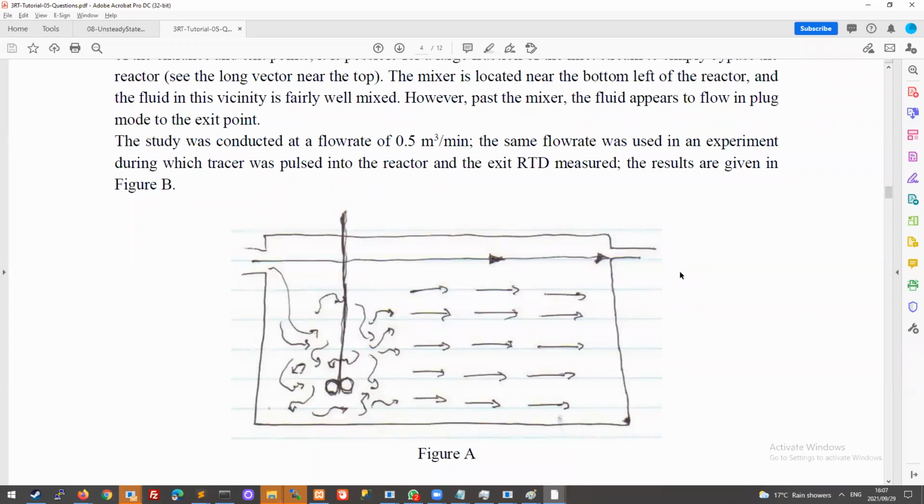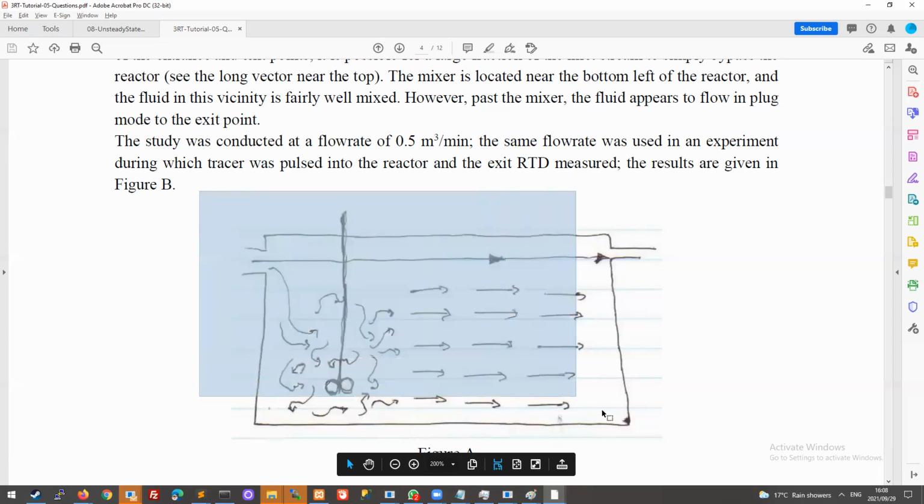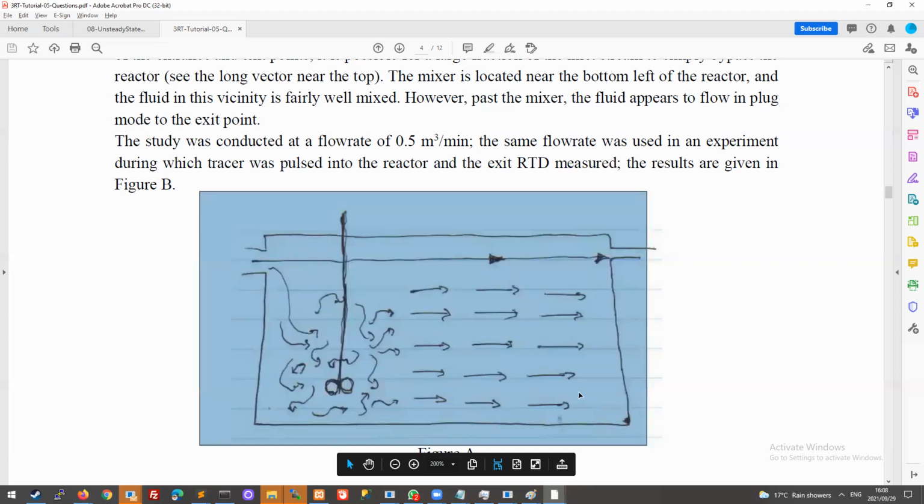Plus, it seems like there is a zone where the fluid just flows straight through. There's a region where the fluid seems to bypass the reactor. There's a region where the flow is not mixed that much, and there's a region where the fluid is mixed quite well. So if we think about this, we can imagine drawing this real reactor, right? And all this is perfectly reasonable to us. This type of thing happens all the time, right?